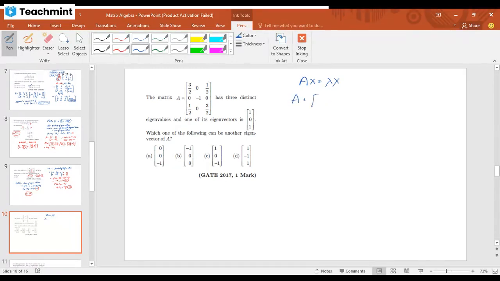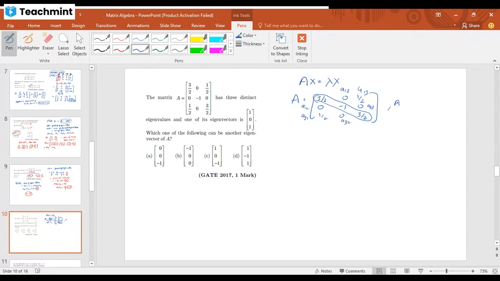A is 3/2, 0, 1/2; 0, -1, 0; 1/2, 0, 3/2. In a symmetric matrix, apart from the diagonal elements, the elements in transpose positions are the same. Like A12 is equal to A21, A13 is equal to A31, and A23 is equal to A32. You can see here they are same. So the given matrix is symmetric.